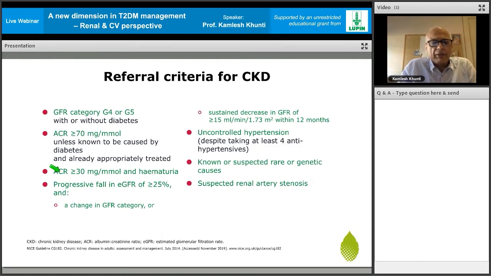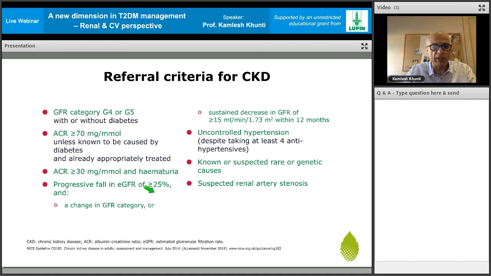These are some of the referral criteria that we would use in the UK for primary care. Who do we refer in terms of CKD? Well, eGFR category 4 to 5, with or without diabetes, we would refer to a renal physician. ACR greater than 70, unless it's been caused by diabetes and we're treating with all the therapies and it's still declining, then we would. ACR greater than 30 and hematuria.